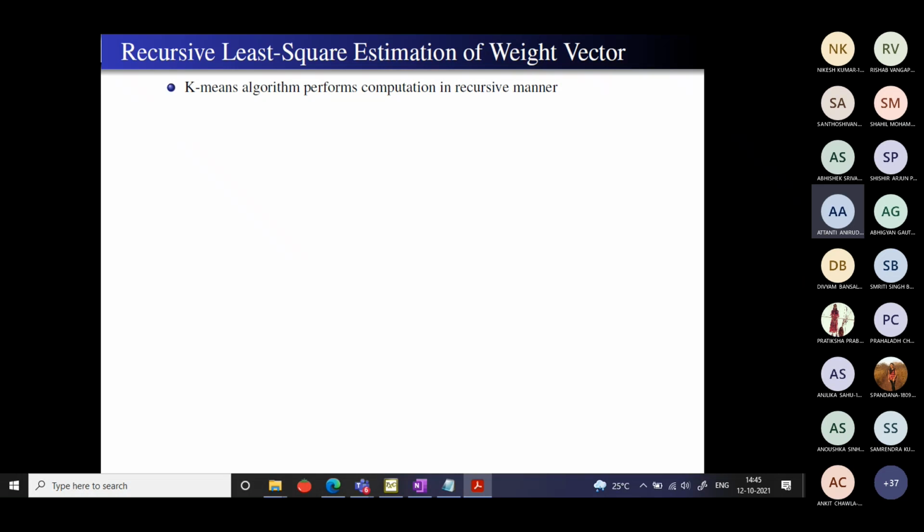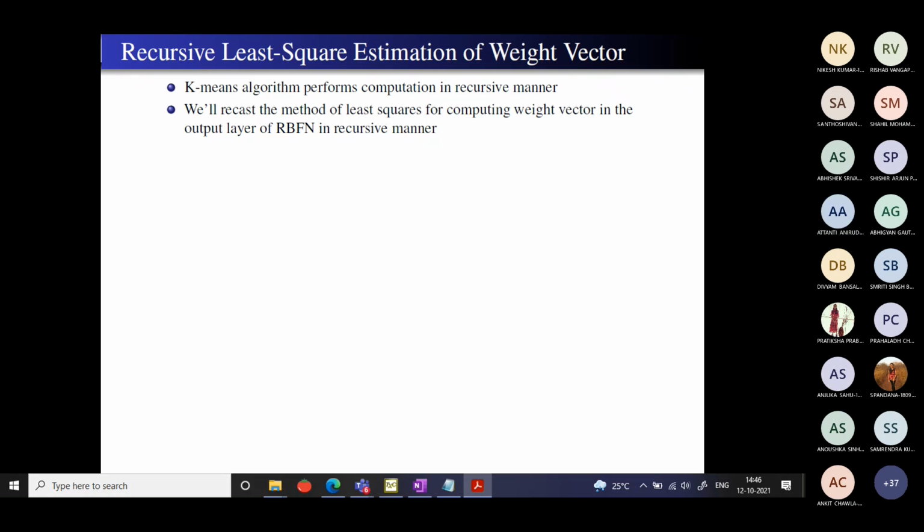The K-means algorithm performs computation in a recursive manner, as you saw. It's not straightforward. So we'll recast the method of least squares for computing the weight vector in the output layer of the RBFN in a recursive manner also. So that's what we'll do. And how do we recast that? We have to see that.